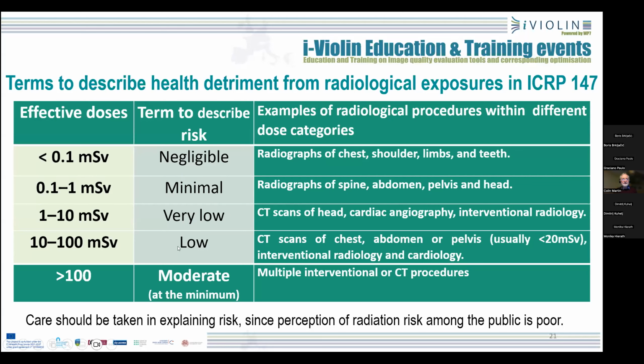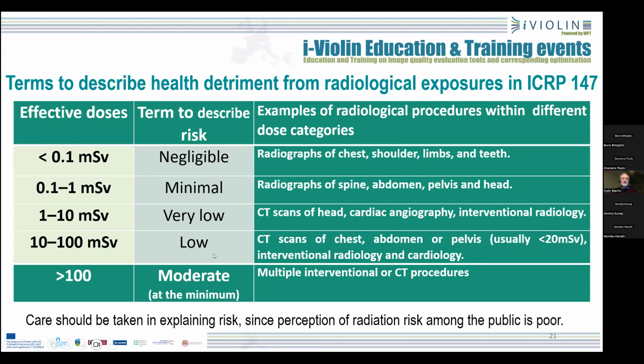And between 10 and 100, which might be some CT scans, or it could be many CT scans. And there's more evidence coming up that individual patients can have a whole series of CT or other examinations and build up effective doses above 100 millisieverts.